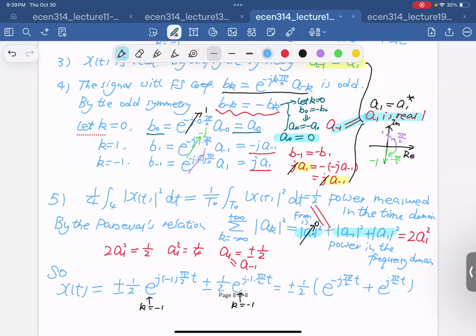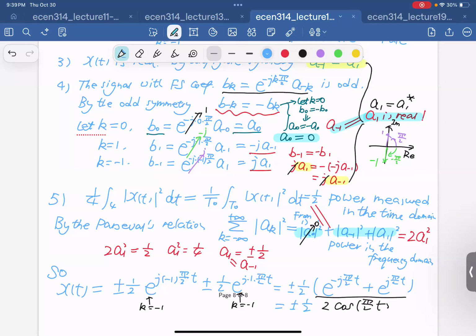Using Euler's formula, apparently what we can see here is what's in the parentheses is two times cosine half pi t, isn't it?